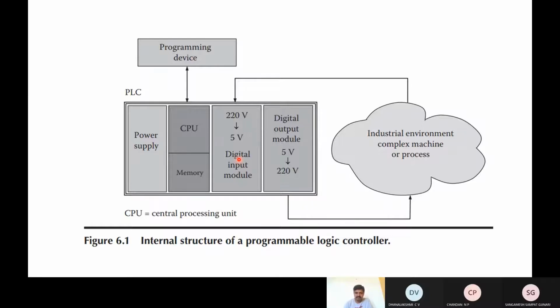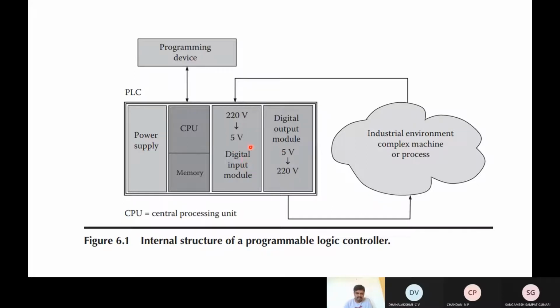It may be sensors. Depending on those inputs, the PLC will execute a particular logic, and after execution of that logic, we will get the output. That output can be used to operate machines, to actuate actuators like motors, or pneumatic or hydraulic cylinders.